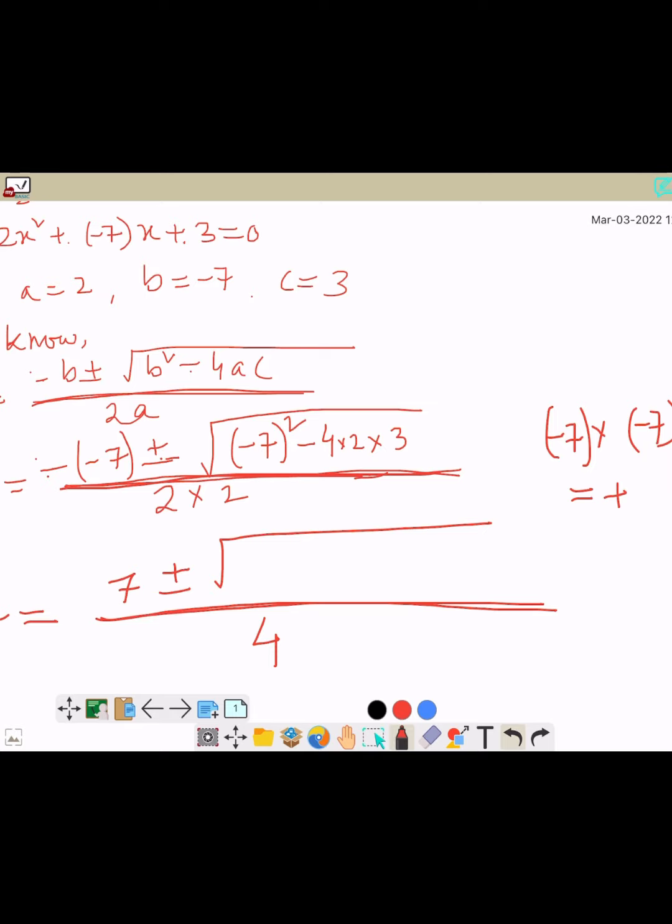This minus will be multiplied by this minus, so minus minus we can write plus, and 7 into 7, that is 49. So this is (-7) whole square, which is 49.